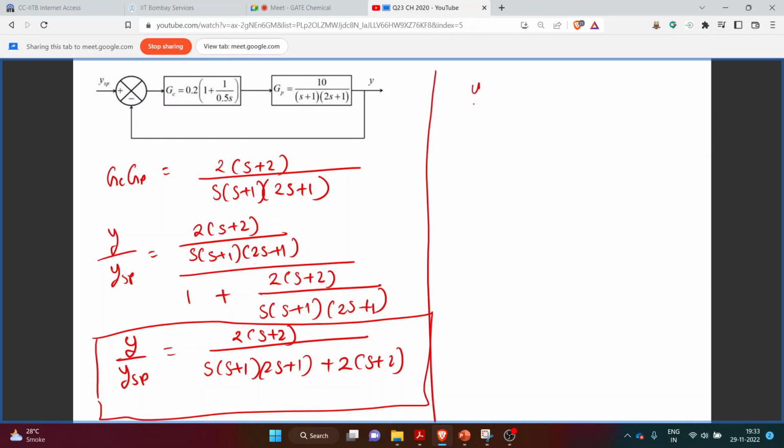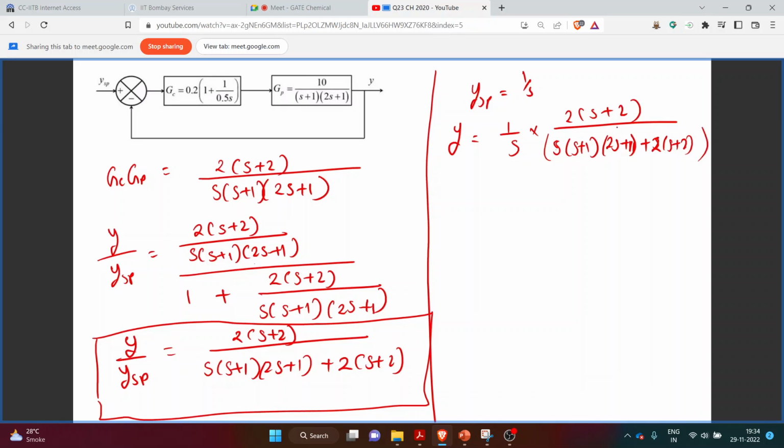Now YSP we have been given as step input, so we can replace it as 1 upon s, and simplifying this further we can write the value of YS as 1 upon s into 2s plus 2 upon s plus 1 into 2s plus 1 plus 2s plus 2.